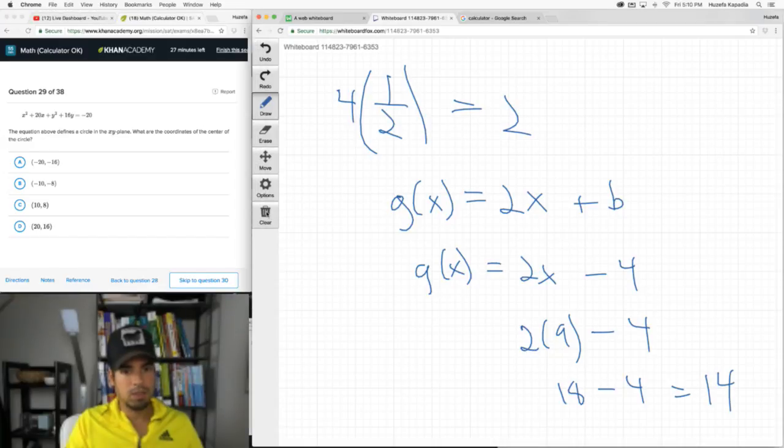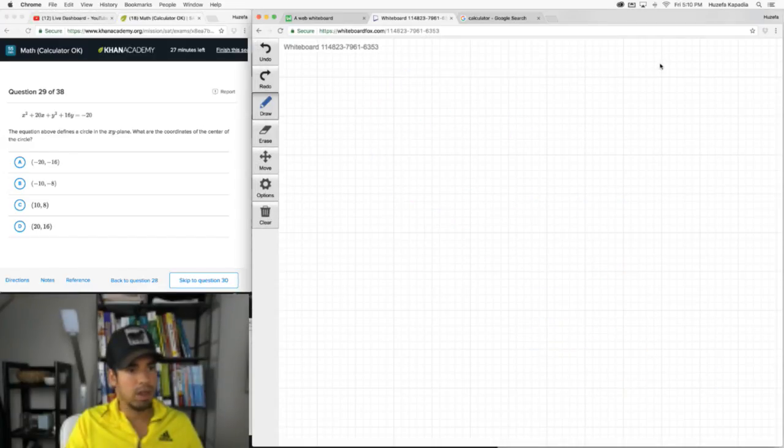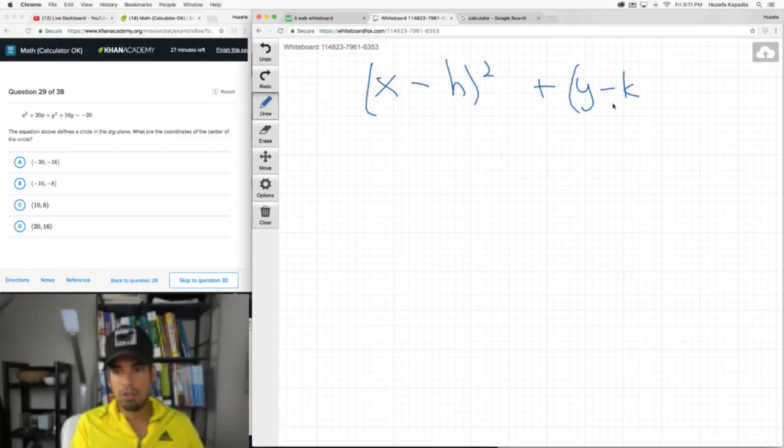All right, let's go to the next one. This defines a circle in the xy plane. What are the coordinates of the center of the circle? You've got to know how to do this. We need to complete the square twice. It's a hard problem because the equation of a circle is (x minus h) squared plus (y minus k) squared equals a radius term.